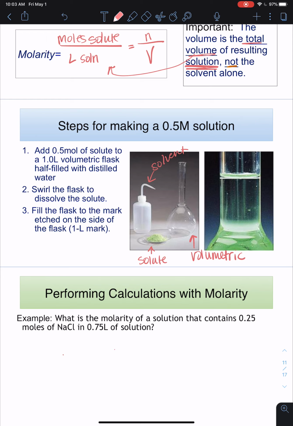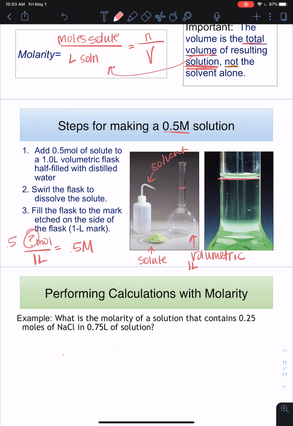Do you see this little line right here? That line is zoomed in over here. That line tells us an exact measurement of volume. So if I asked you to make a 0.5 molar solution and I gave you a 1 liter flask, if I put 1 liter on the bottom and say how many moles do I need for a 0.5 molar solution, obviously this has to be 0.5.